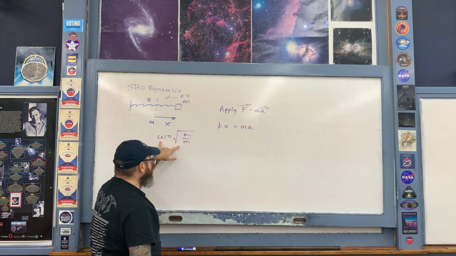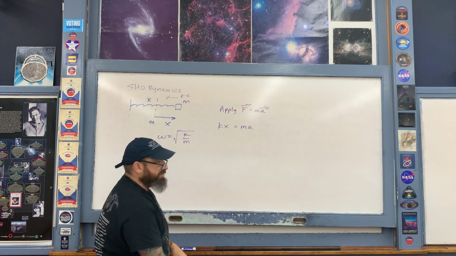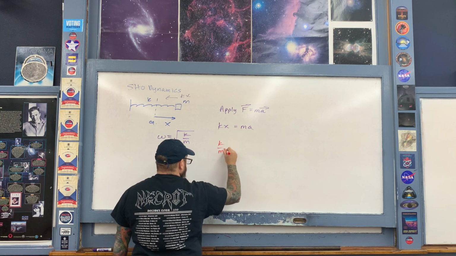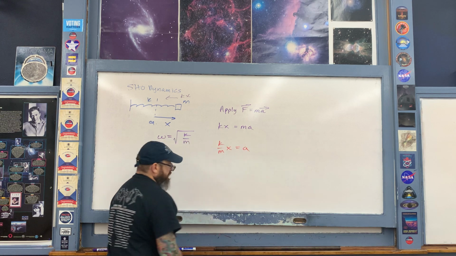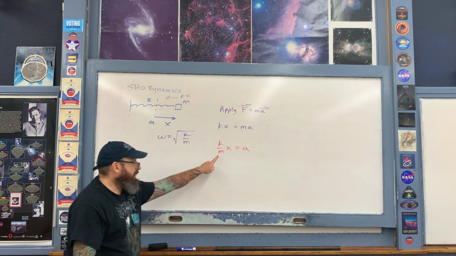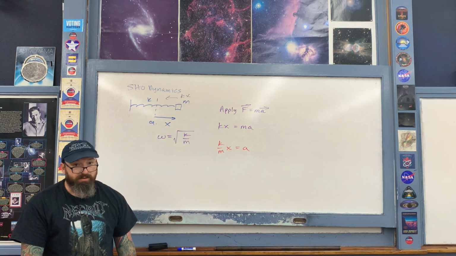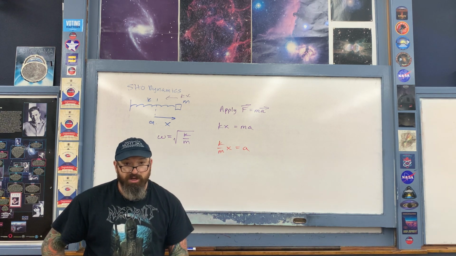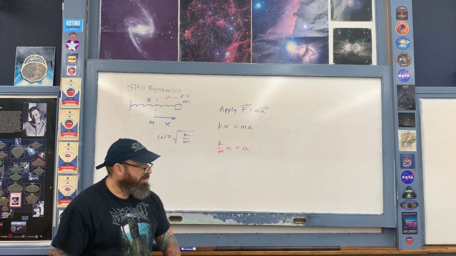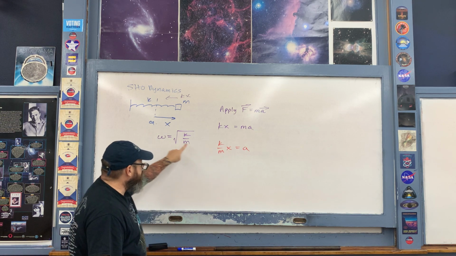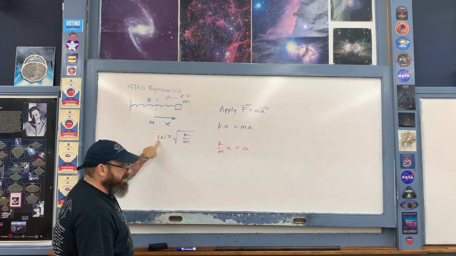But here's where this expression appears in F equals ma. Take the mass m and move it down to the denominator on the right-hand side of the expression, and you then obtain the following. Constants multiplied by the position is equal to the acceleration. This is the differential equation for simple harmonic motion. The square root of the constants that appears in front of the position is the angular frequency omega.